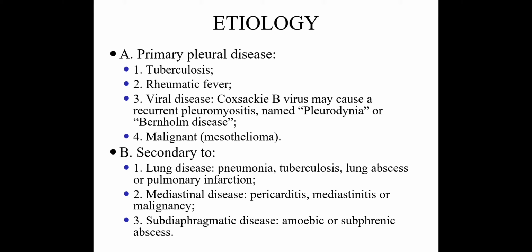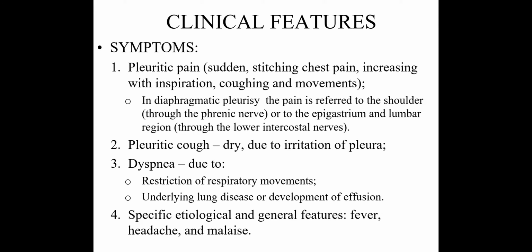Causes may be due to primary pleural disease like tuberculosis, rheumatic fever, viral diseases, or malignant conditions like mesothelioma, or secondary due to lung disease, pneumonia, tuberculosis, lung abscess, or pulmonary infarction, mediastinal disease, pericarditis, mediastinitis, and malignancy, or subdiaphragmatic disease like amoebic or subphrenic abscess.